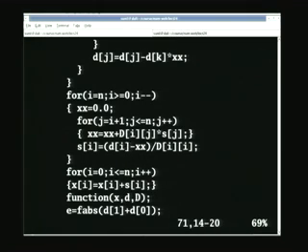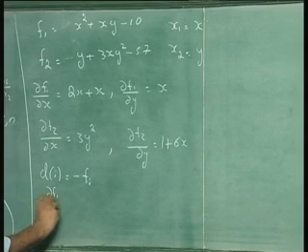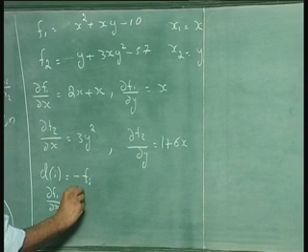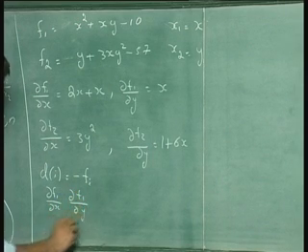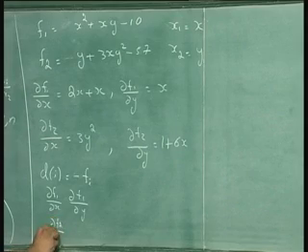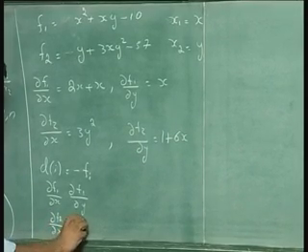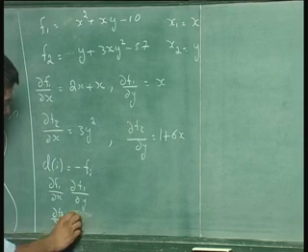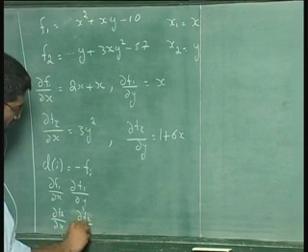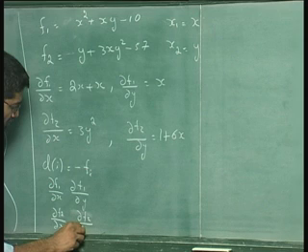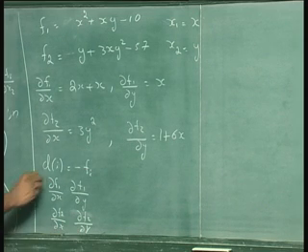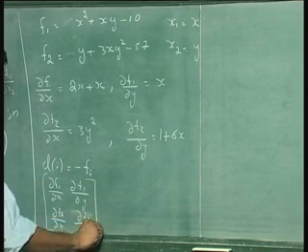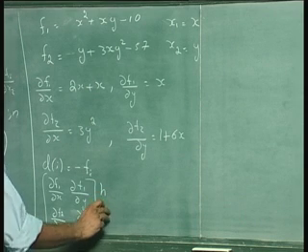So we now write the matrix equation of this form: del f1 by del x and del f1 by del y, del f2 by del x and del f2 by del y, that into h.